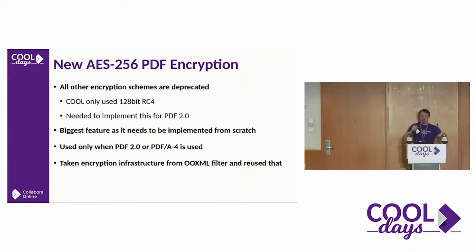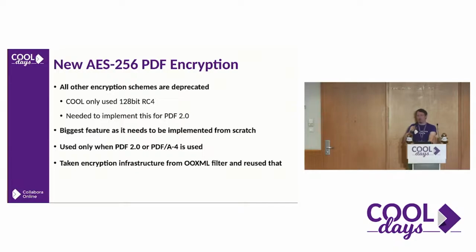Next step that I did: we didn't have any support for encryption with AES at all. All we had was 128-bit RC4, so I had to implement this from scratch, and now AES-256 support was added.